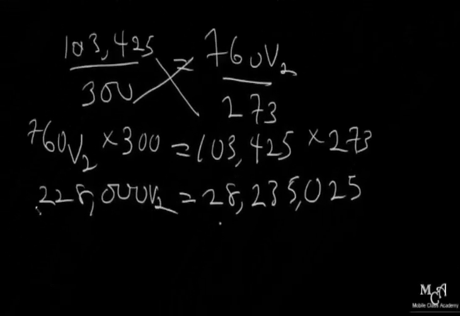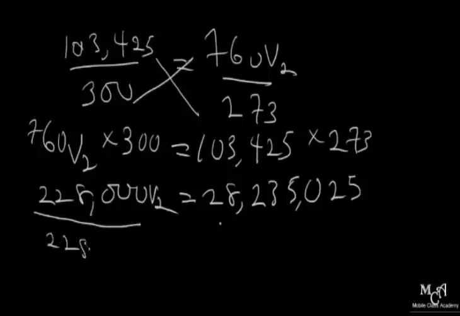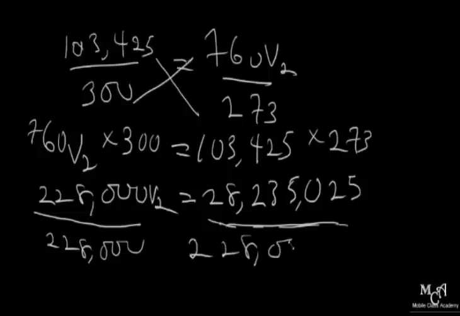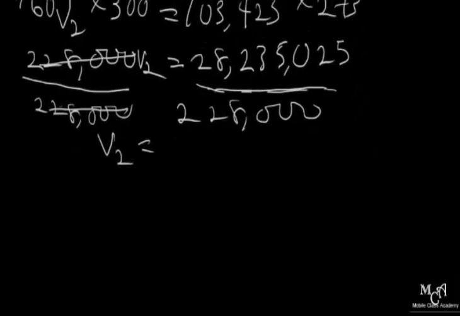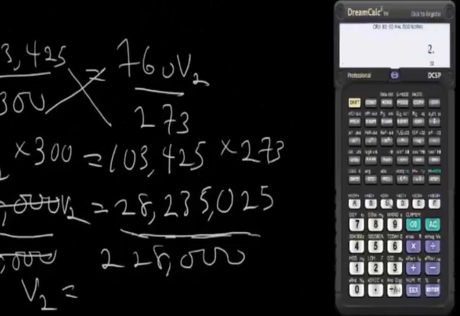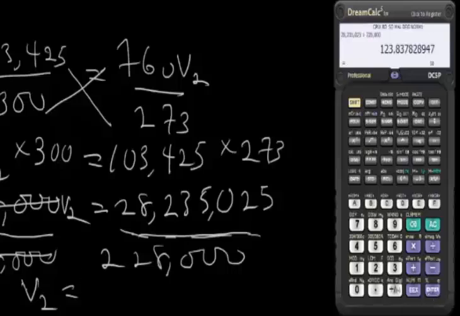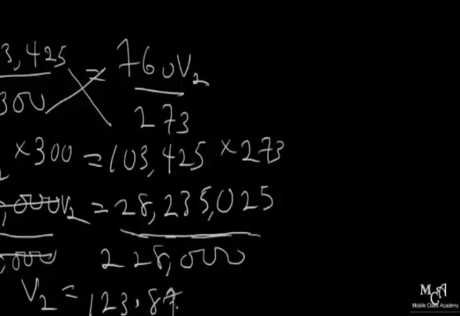So how do we get V2? We divide both sides by 228,000. The 228,000 cancels, and only V2 will be left behind, which is what you're looking for. So if we divide 28,235,025 by 228,000, you have 123.8378.